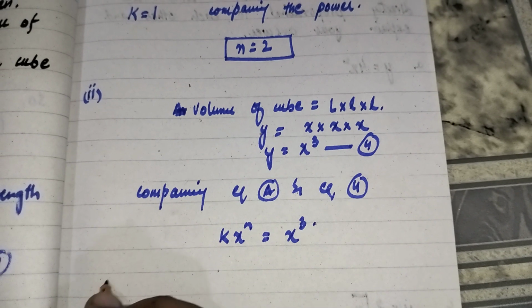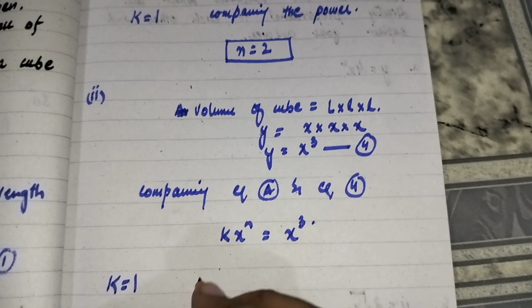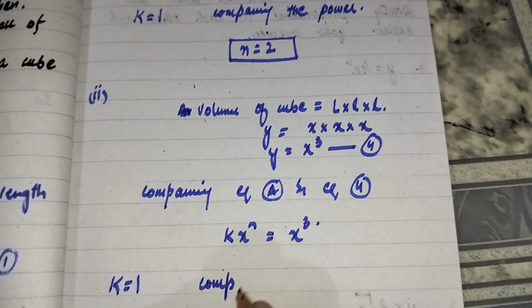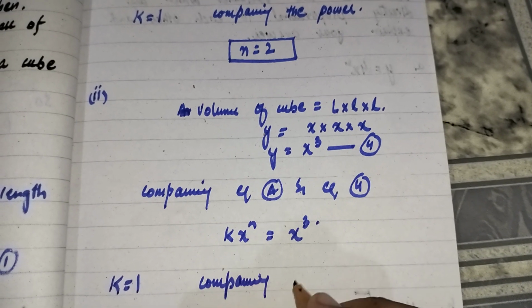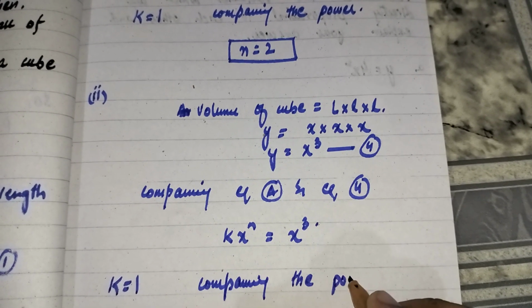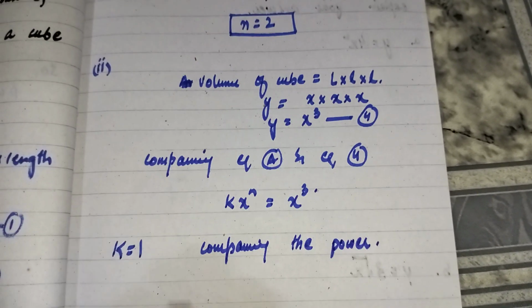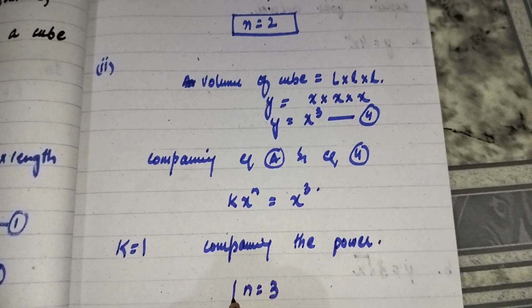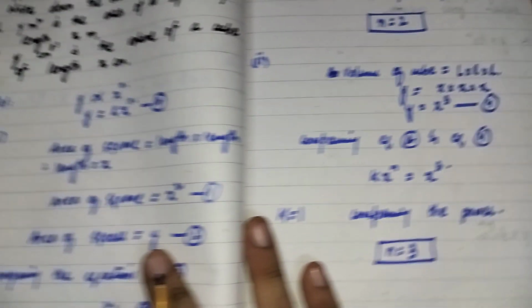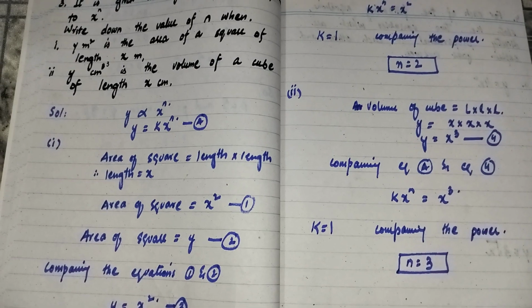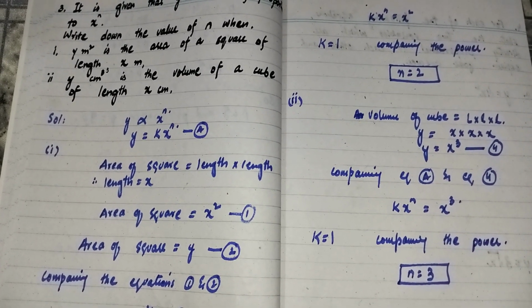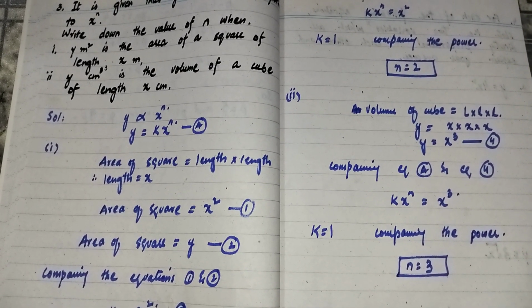By comparing, k is equal to 1, and both coefficients are the same. When coefficients are the same, their powers are equal, so n is equal to 3. So in the first part, when the area is given, the power n is 2. When the volume is given, the power n is 3.